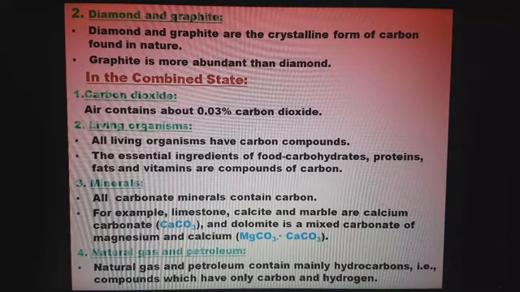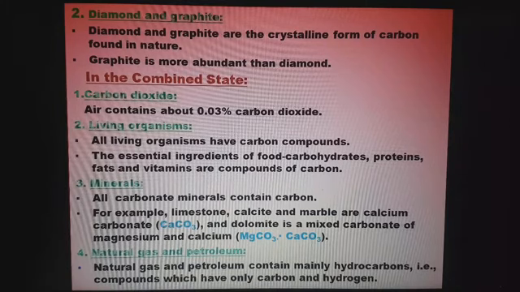As you can see here, carbon again is combined with the hydrogen. So this is also one of the combined states of the carbon. Natural gas is mainly what? Methane, CH4. In this, carbon is being combined with 4 hydrogen. Similarly petroleum is a mixture of various hydrocarbons. Okay, so I think that combined state of carbon is clear.